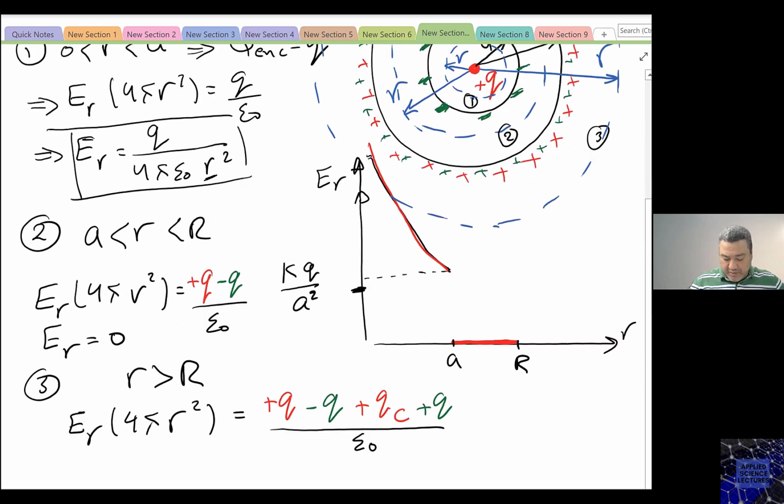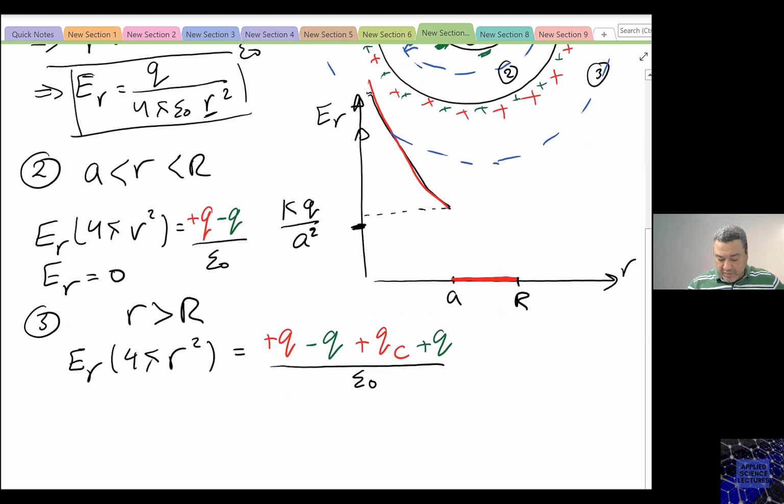Now divided by epsilon naught. So Q will cancel with the Q, so I ended up with positive Q plus Qc.